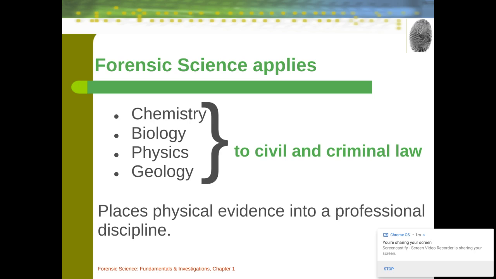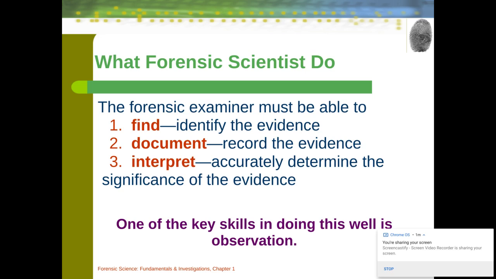So it uses all branches of science. Unlike the CSI shows, there's not one forensic scientist that does everything. There are different people that specialize in different things. So there's chemistry, biology, physics, geology, all of those things are going to be used by forensic scientists.